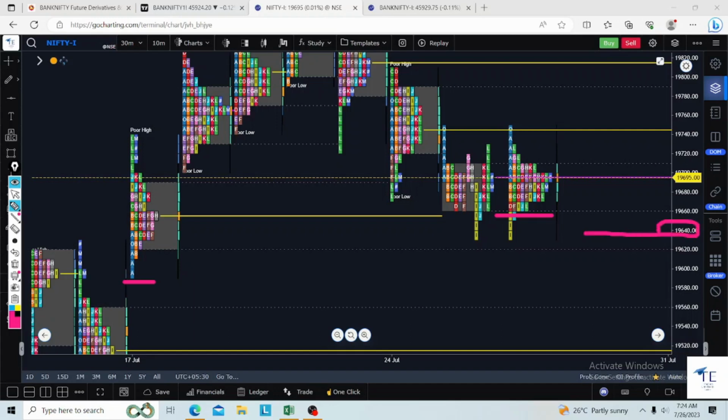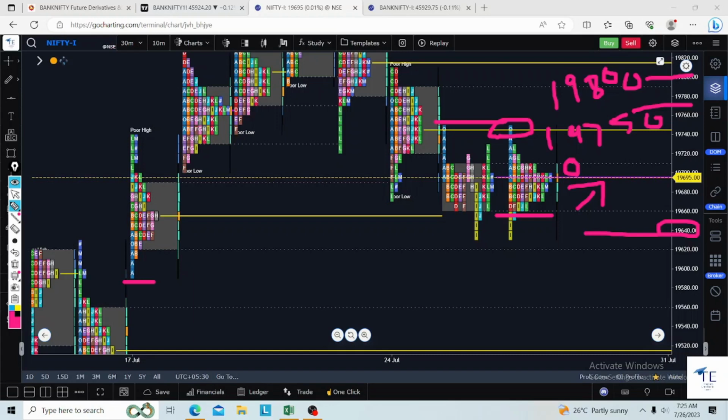If the market sustains above this PPOC, the prominent point of control, and opens above this zone, the first supply zone is 19,750, and the second supply zone is 19,800.